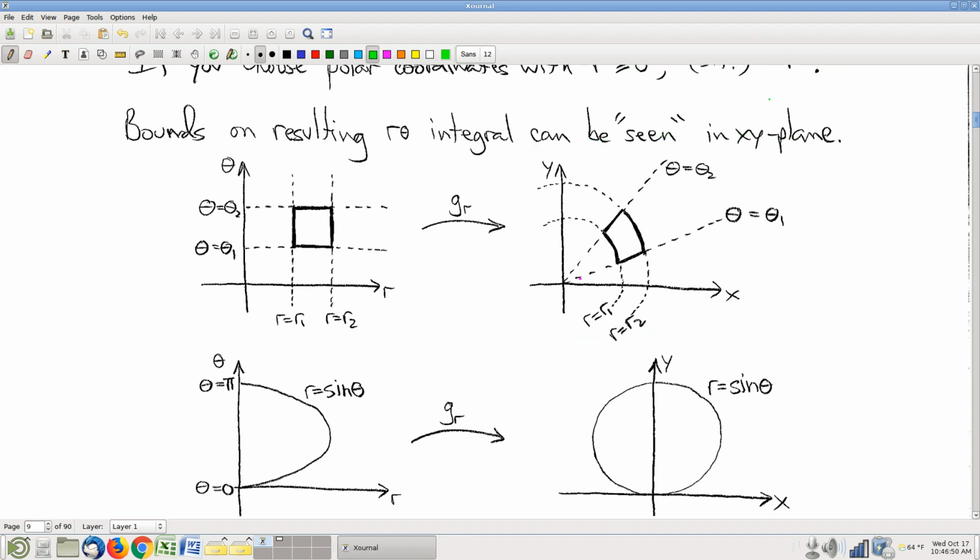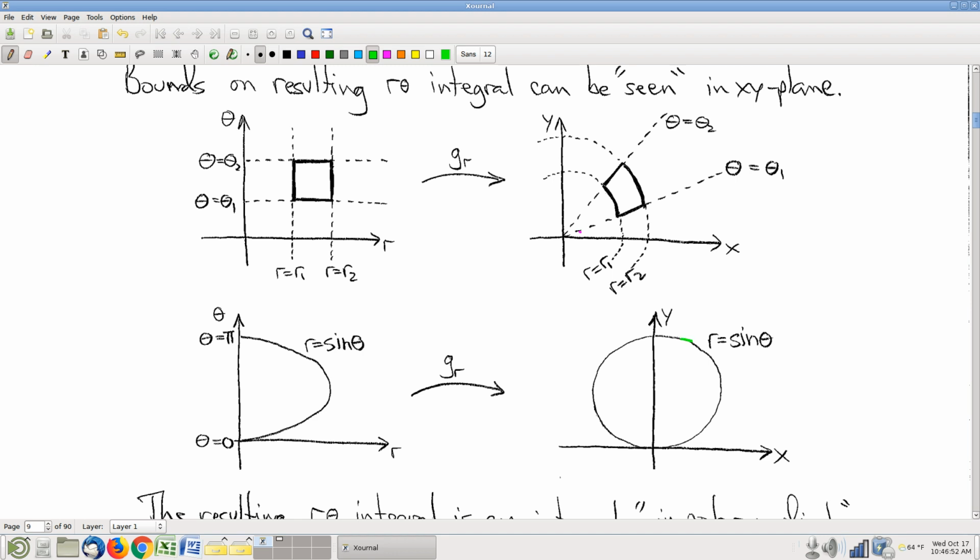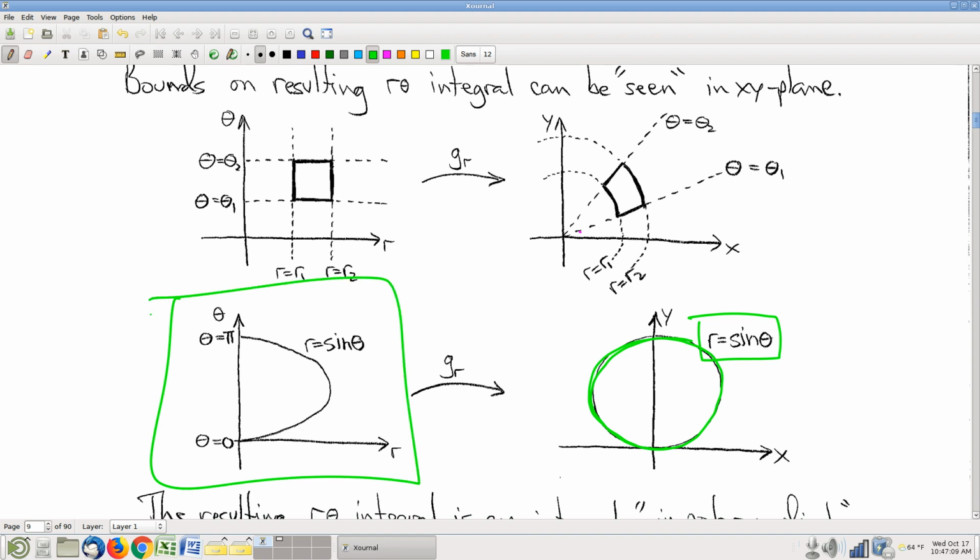Here's another quick example. I'm going to leave it as an exercise for y'all to confirm that r equals sine theta is a circle in the xy plane. And we can go through the theta slicing process. Of course, we can also plot r equals sine theta. But that whole slicing process, you can see that in the xy plane.